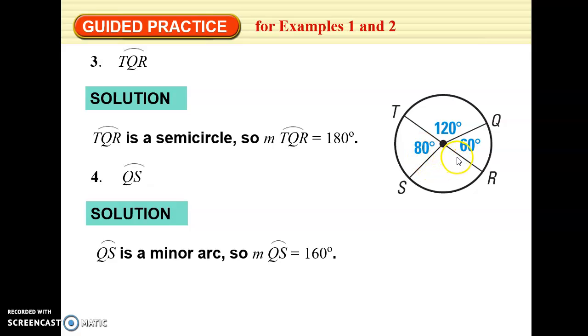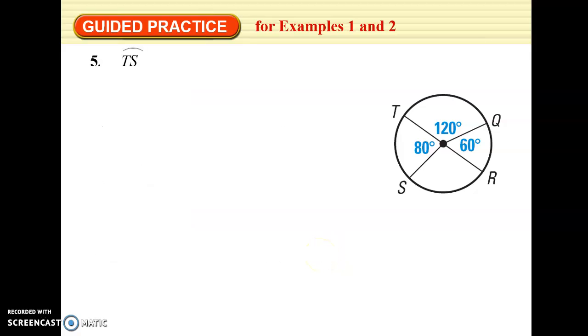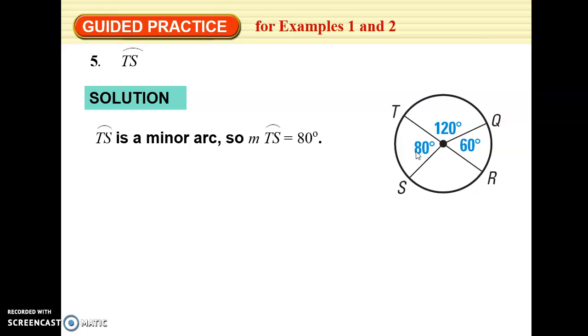If this part is 100 plus 60, that is 160. It's a minor arc because it's less than 180. And TS, well, it's obvious that is 80 in this part. You see it, 80, and it's a minor arc, only by observation.